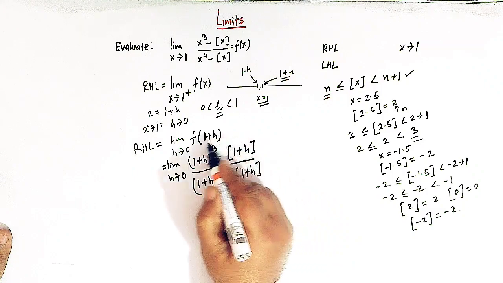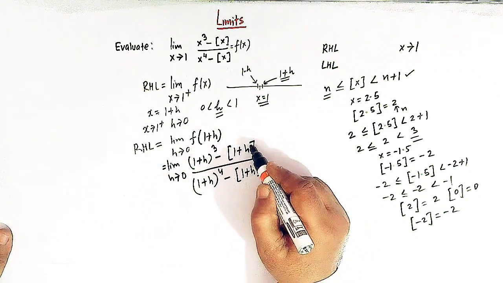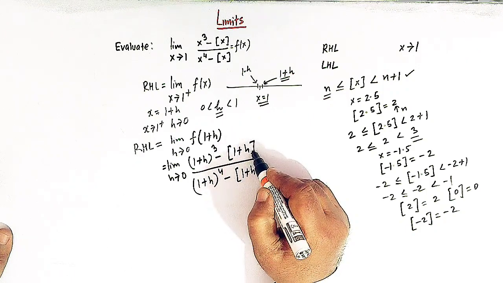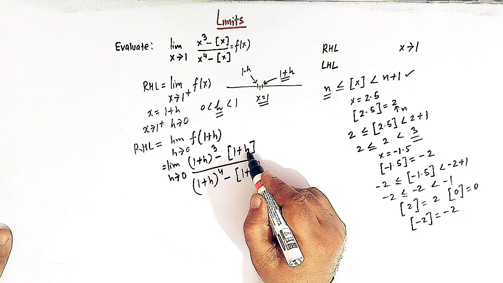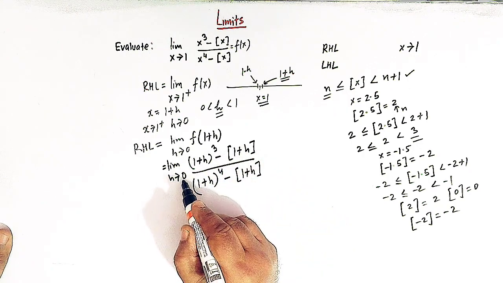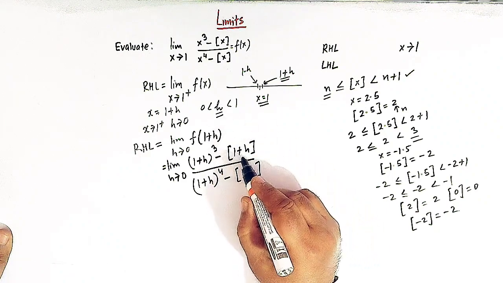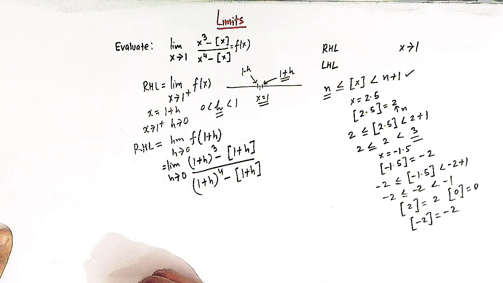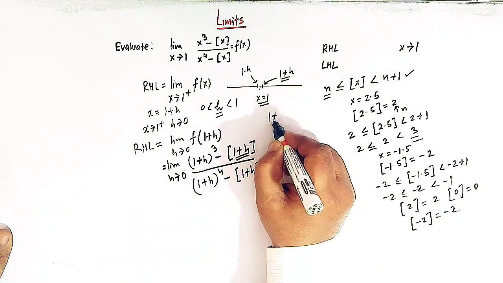Now we have to evaluate this limit. Whenever we come across functions like the greatest integer function or fractional part function, we cannot directly substitute the value of h as 0 here. So we make use of the definition of the greatest integer function. Now let us consider this quantity, 1 plus h.